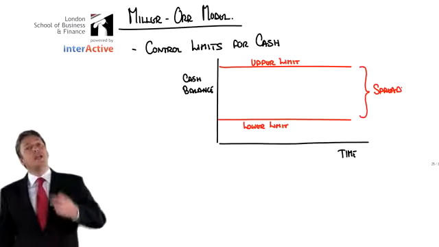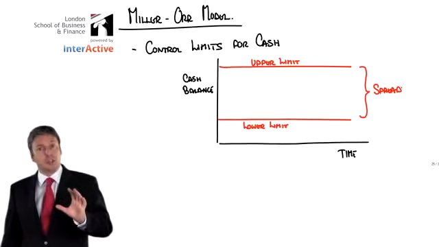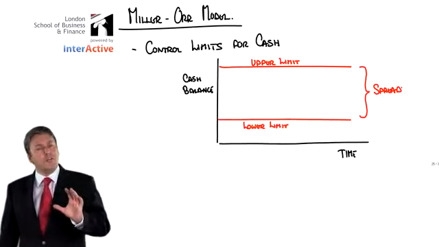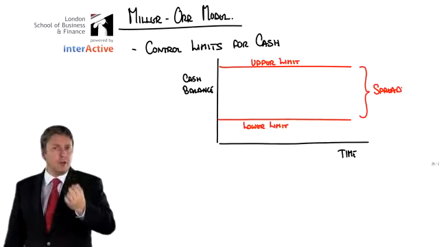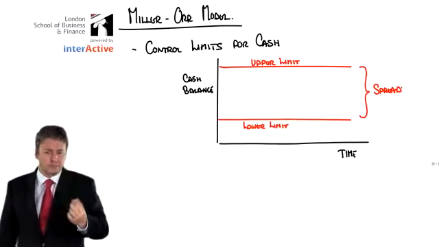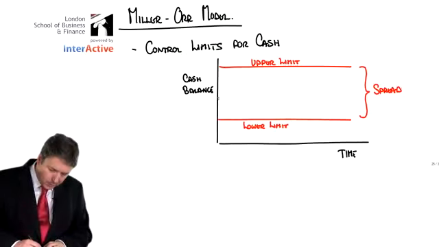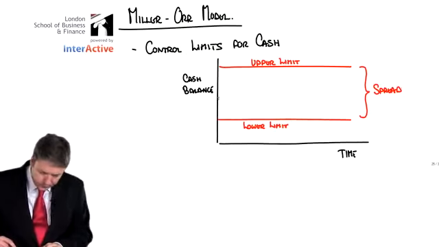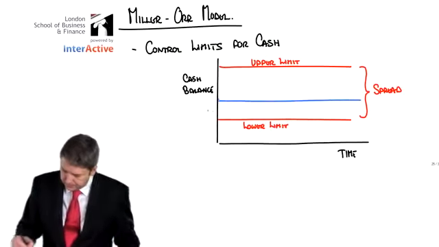And this is the range over which we are willing to allow cash to fluctuate. If it goes above the upper limit or below the lower limit, we must take a control action. Now, the third thing that we have to be aware of is something called the return point.